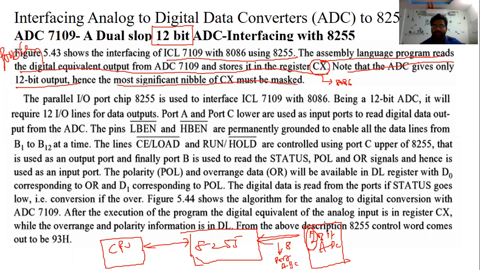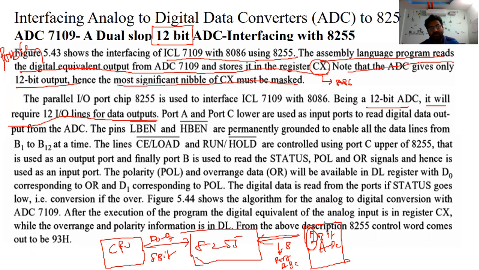Now see this. It is a 12-bit ADC, so it requires 12 input/output lines for the data. This is also 8-bit, D0 to D7 you are using. So how do we connect that?